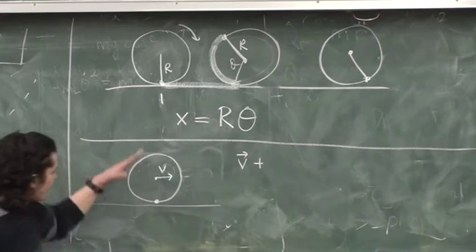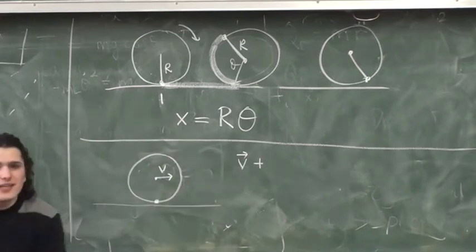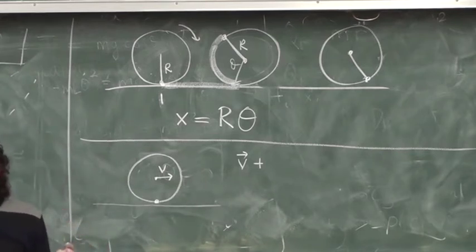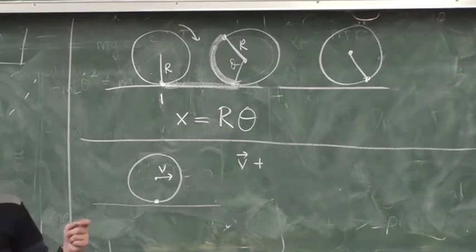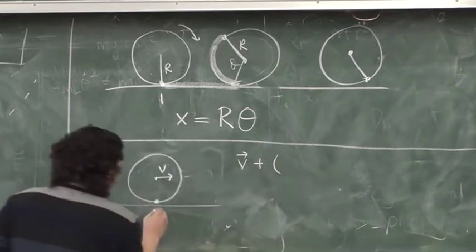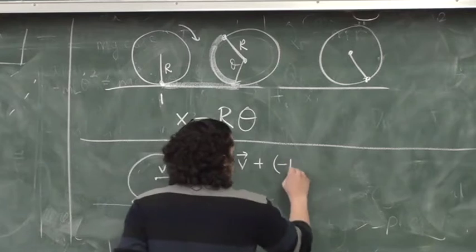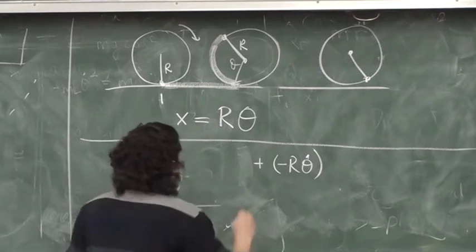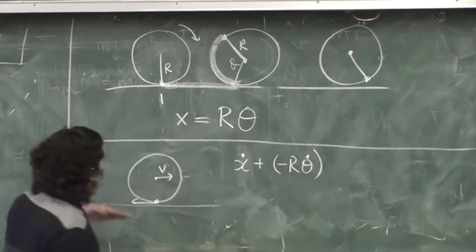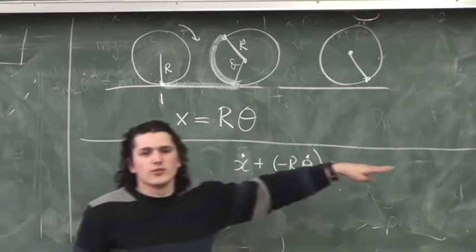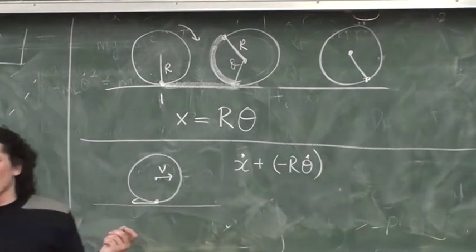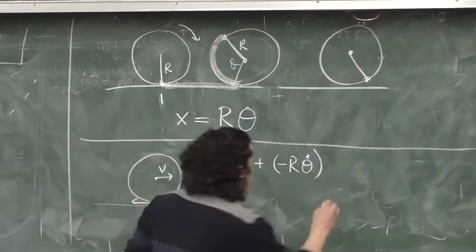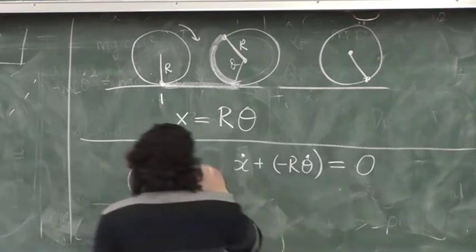Plus, there's another part of the velocity, the velocity due to the rotation of the wheel. And that is always given by r theta dot. And in this case, it's going that way, minus r theta dot. Right, and v in this case, I can just think of as x dot, can't I? The rate at which the wheel is translating through the plane, the derivative of its x coordinate. It's x velocity, x dot. So this thing here, I require to be 0. This is the velocity of the tip.